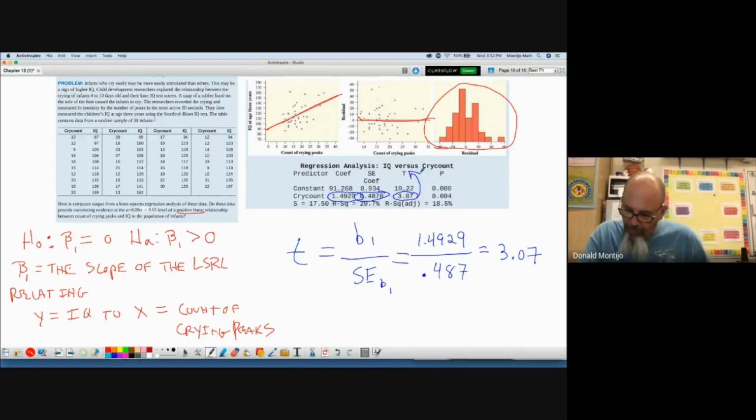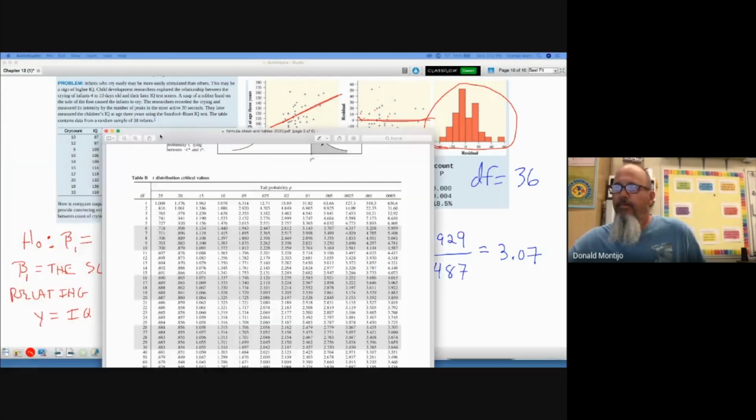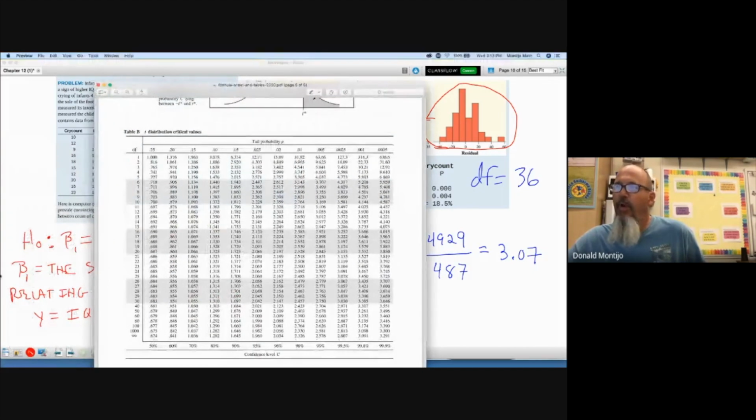So we know the t-test statistic, and we should be able to figure out the degrees of freedom. Remember, for the inference for regression, there's always n minus 2 degrees of freedom. Since we abused 38 of these babies, 38 minus 2 is 36. So if I come to my t distribution table and I have 36 degrees of freedom and a t-test statistic of 3.07.